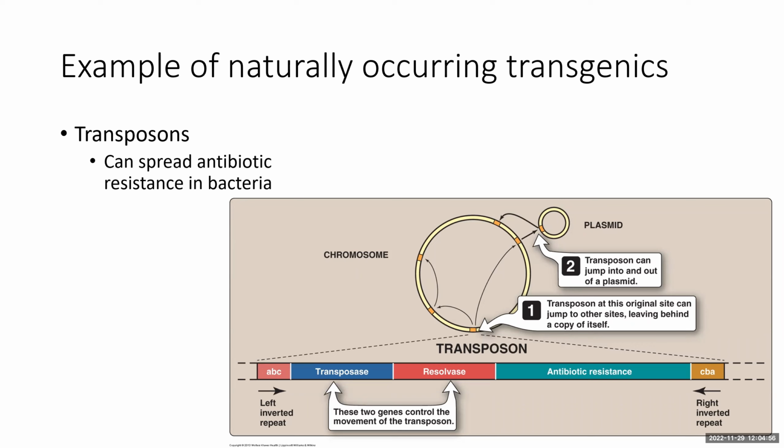The other thing that's interesting about transposons is they create unstable mutations. Because they move, some cells will have a transposable element in one location, and other cells in the same organism will not.